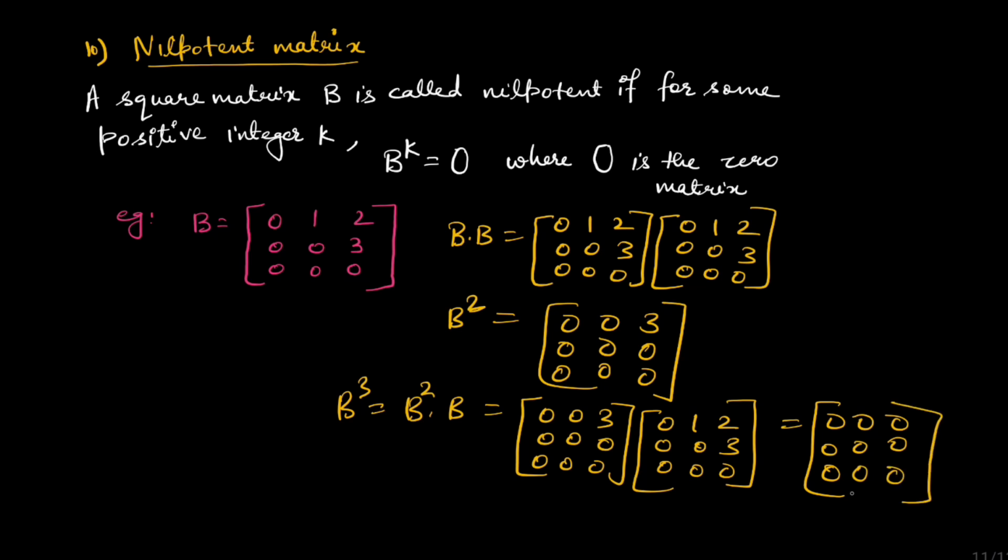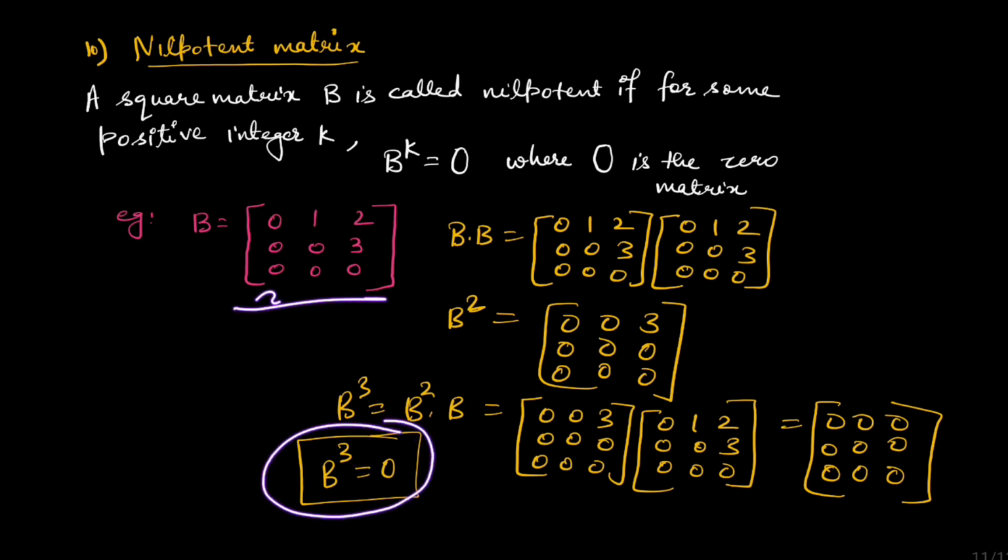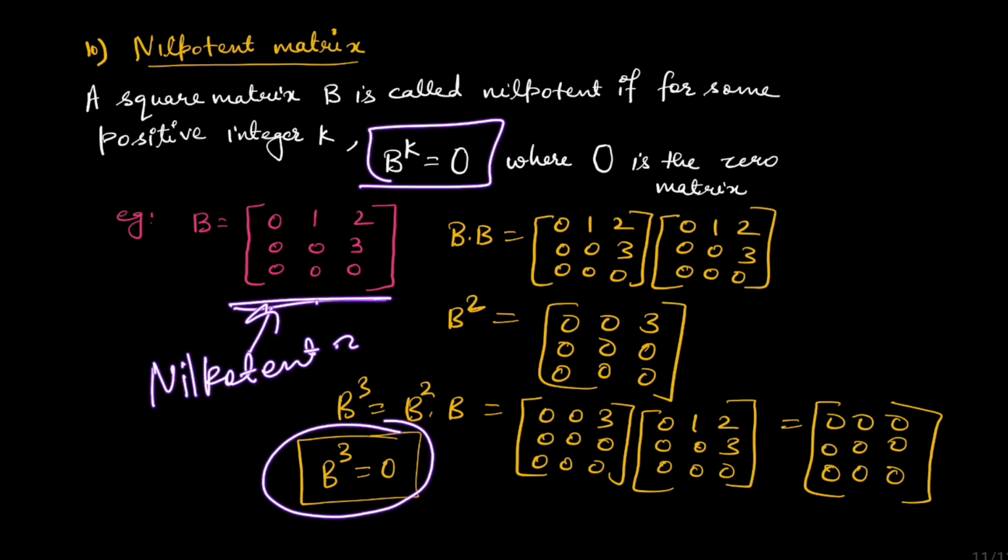Basically this is a null matrix. It means that if we take the third power of B, we are getting a 0 matrix, right? So that means there exists a positive integer k such that B power k is 0. This matrix is satisfying this condition, hence we will call it a nilpotent matrix, right?